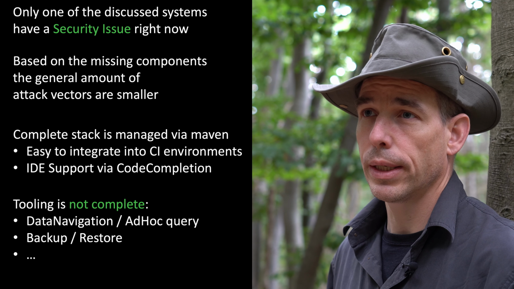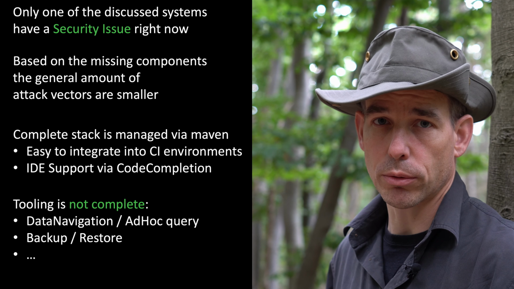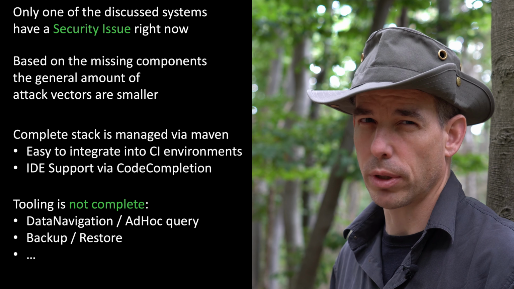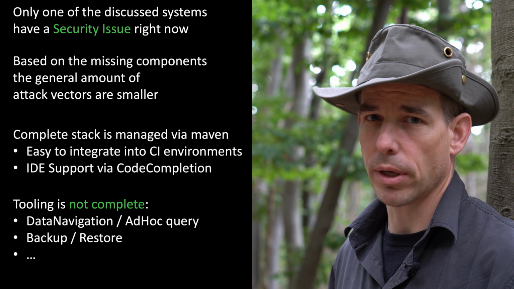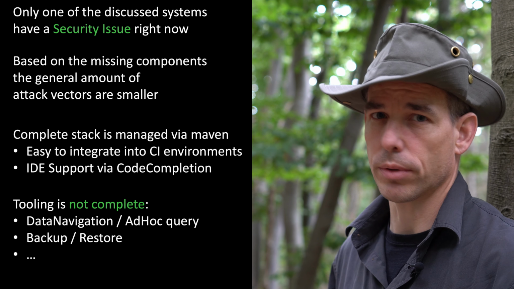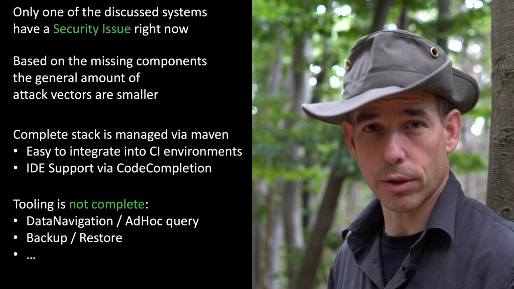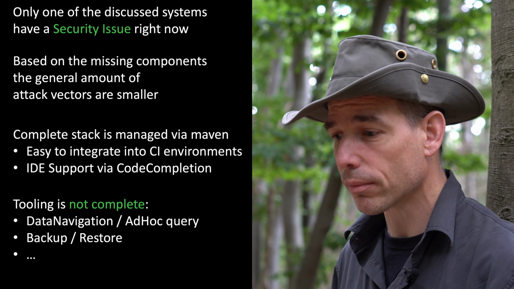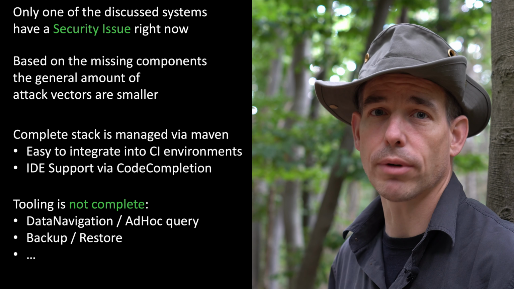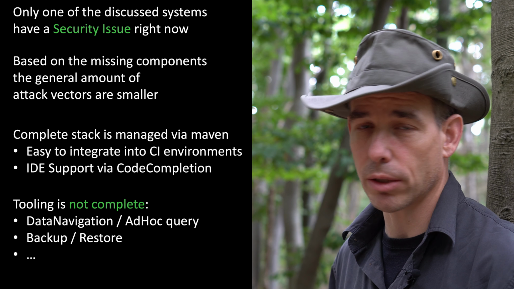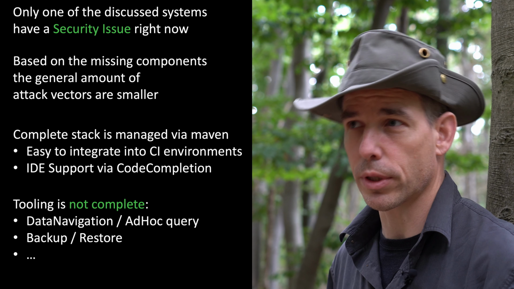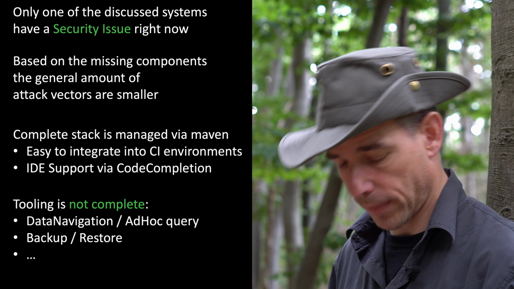There's only one, the library MicroStream, that has a completely different approach to serialization, and so far there are no known security issues. So if there is a security researcher here checking out this presentation, please have a look at this and test it.